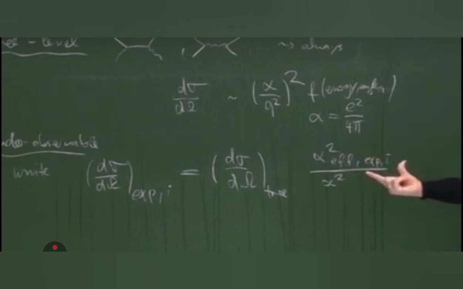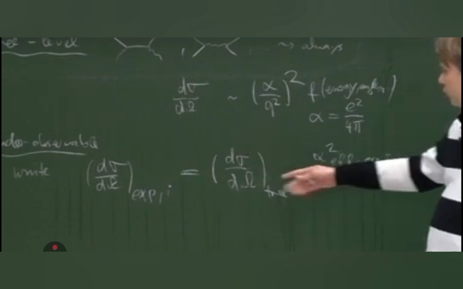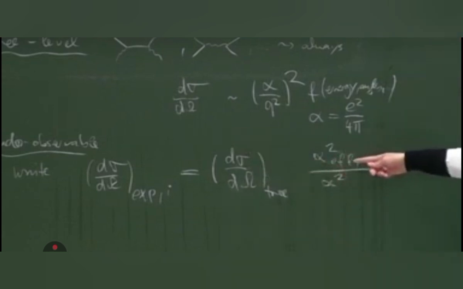You can always write your measurement in the form of a tree-level prediction with some value of alpha. For some value of alpha, the tree-level prediction matches your measurement, and therefore by construction you can call that alpha the observable from your experiment.